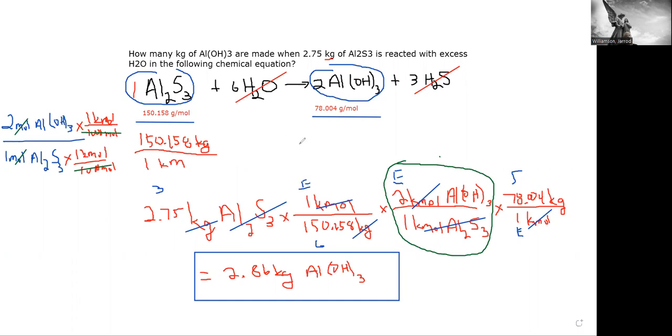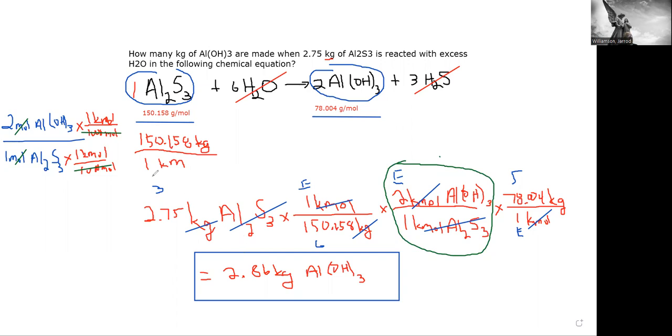I could also say 1 millimole of Al2S3 is 2 millimoles of that. The process works the same. So that'll save you having to convert the kilograms into grams, solving it the regular way, getting your answer in grams, and dividing again by 1,000 to turn it into kilograms.